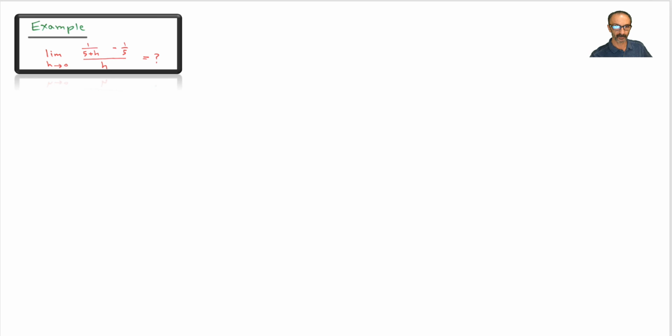Most graphing calculators are programmed to have h as 0.0001. You could of course change it, but this is how the calculator finds derivatives: this formula inside, with h being 0.0001.